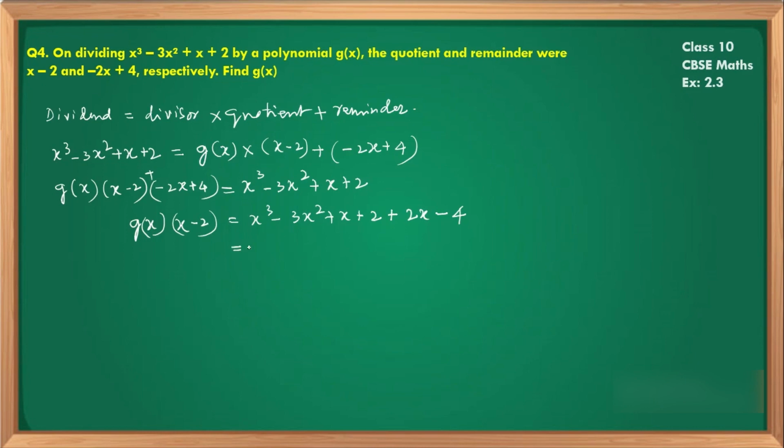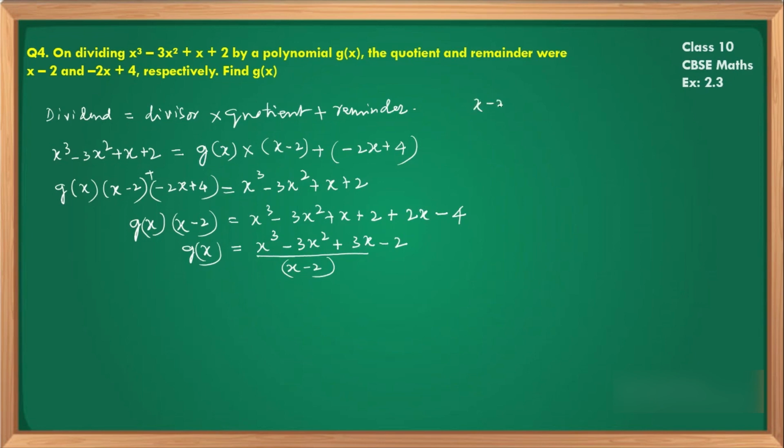Now we will simplify. X cubed minus 3x squared plus x and 2x becomes 3x, minus 4 and plus 2 becomes minus 2. Now gx will be equal to the whole upon x minus 2. Meaning that we have to divide this polynomial by x minus 2.